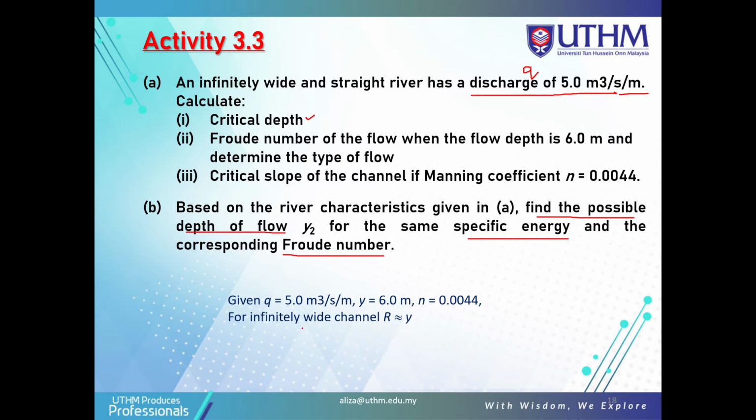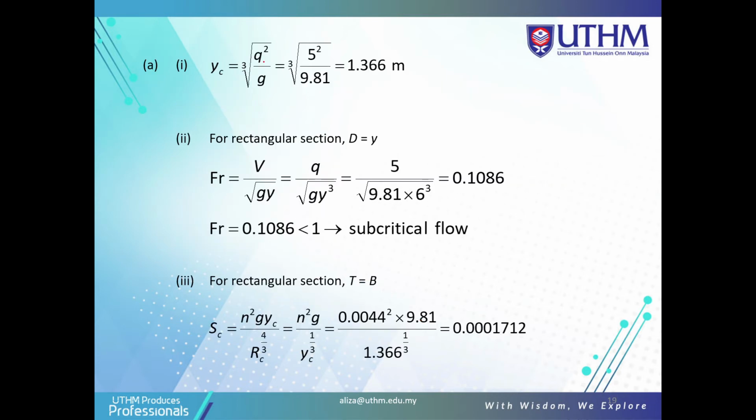For an infinitely wide and stretched river, we can conclude that it is a wide channel, so R is equal to Y. A wide channel is based on the rectangular channel, so you use the critical depth formula here, put in the values, and you get 1.366 meter.